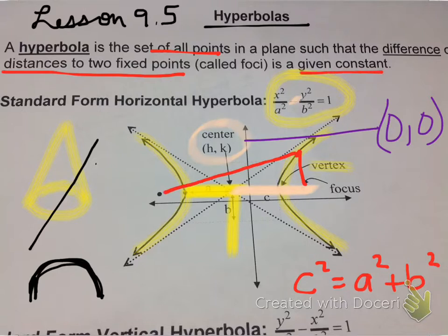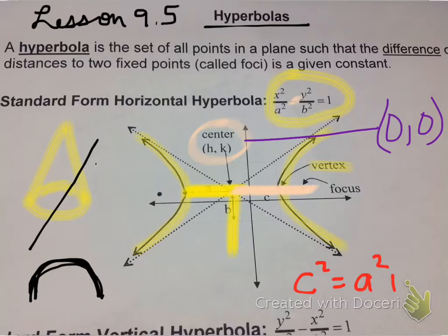So let's say that constant was 4. Well, if we picked a different point, and we measured the distance to the focus and to the other focus, and we subtracted these two distances, then we would get 4 again. So that's not something that you have to remember. It's just useful math information.